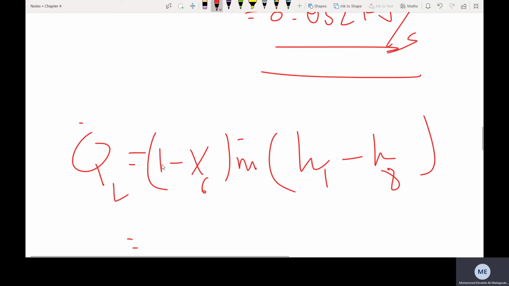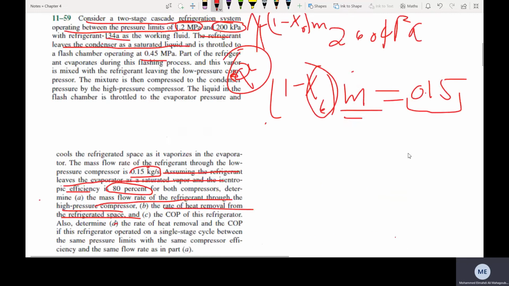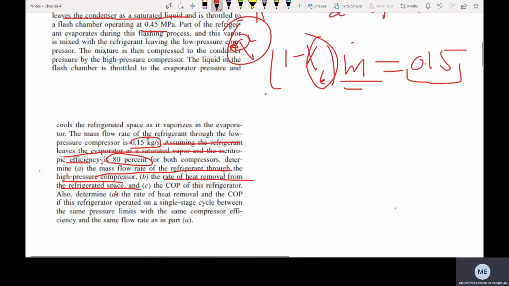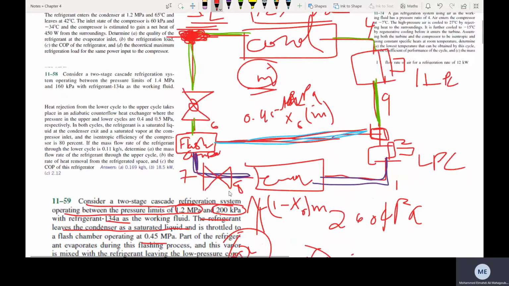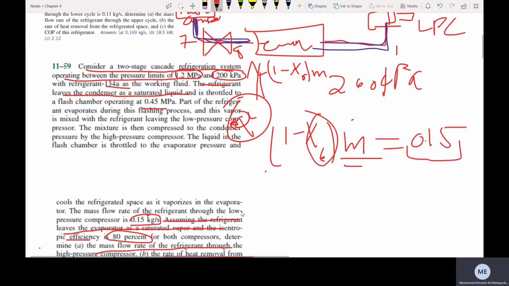It's equal to, he gave me this amount, which is 0.15, and I need to find h1 and h8. So what is h1? Did he tell me anything about h1?